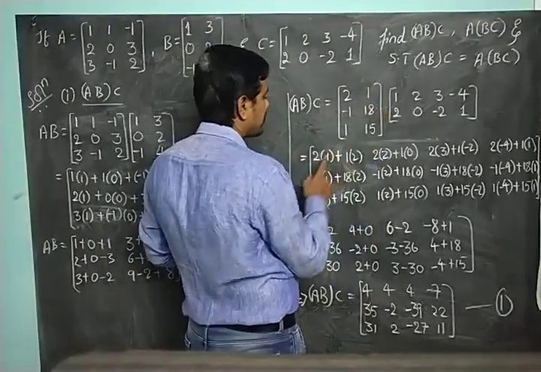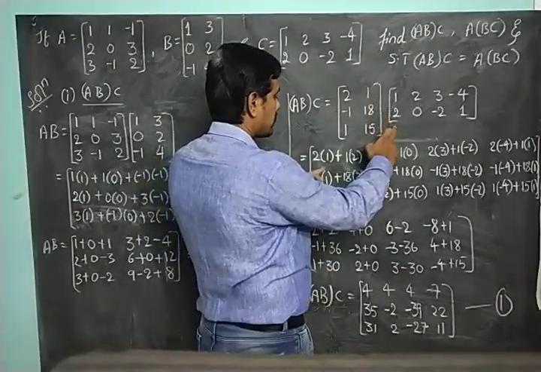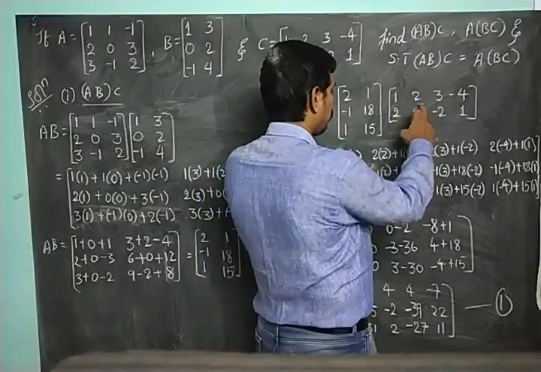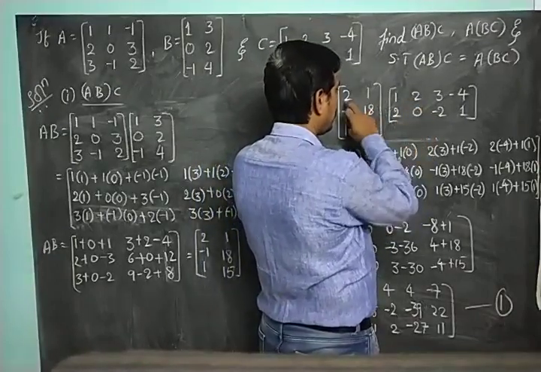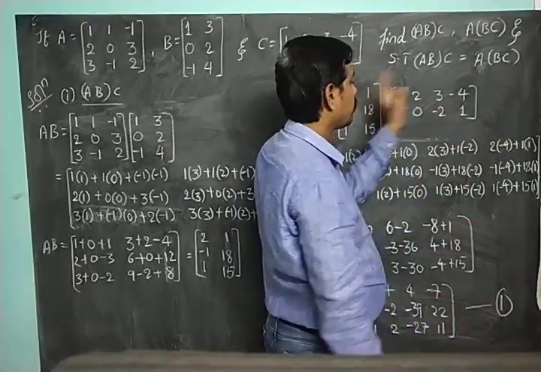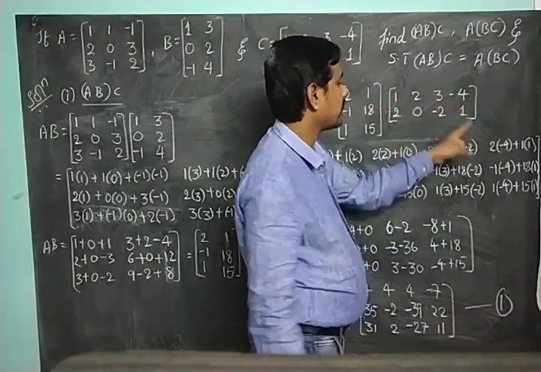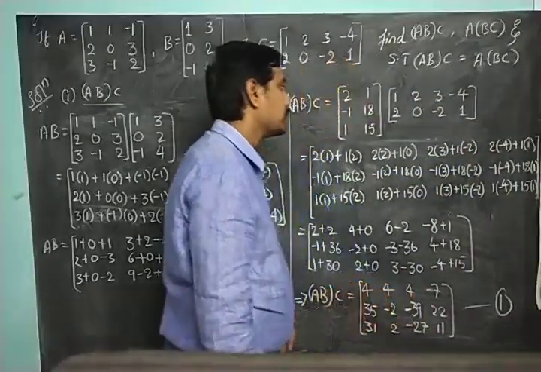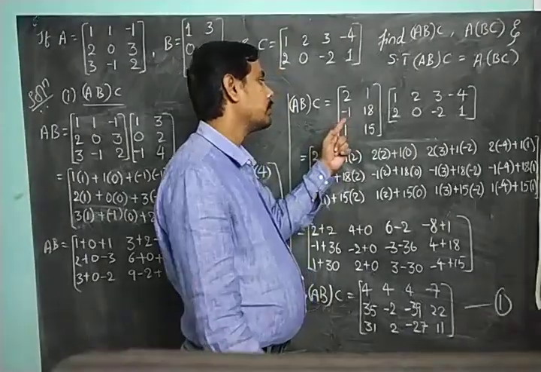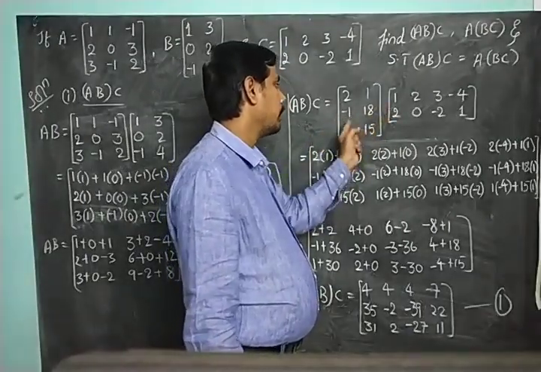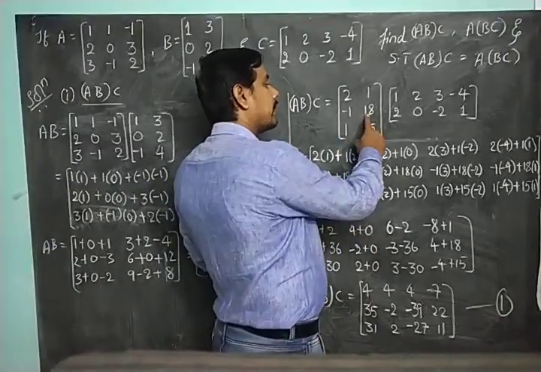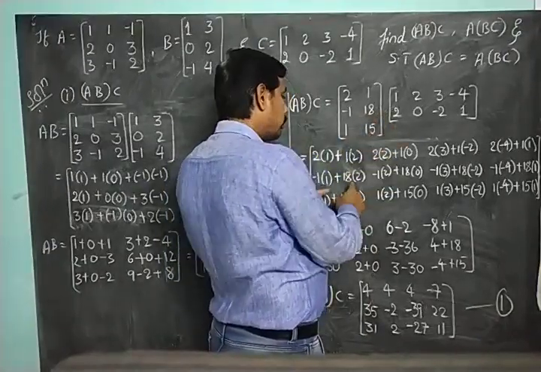So 2 into 1 is 2, 1 into 2, then 2 into 2 plus 1 into 0, then 2 into 3 plus 1 into minus 2, 2 into minus 4 plus 1 into 1. That was the first row and all the columns. Now second row and first column: minus 1 into 1, and 18 into 2.